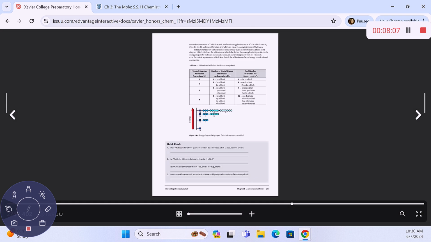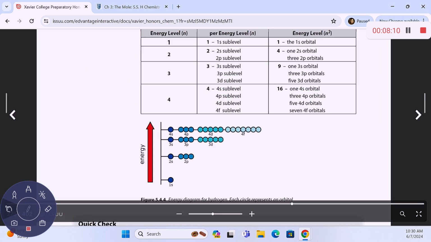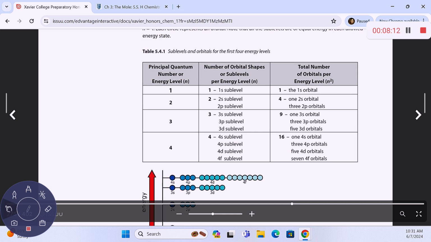Let's come over here. This table outlines the number of subshells in each n. So this column is my n. These are the subshells that exist in it. And then these are the number of orbitals that I have, which comes from n squared. So 1, 4, 9, 16, based upon the energy level being squared.